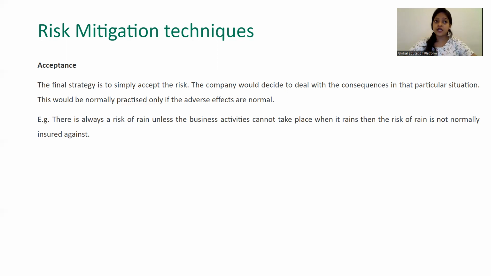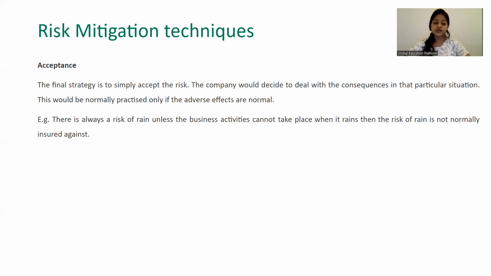Once you have addressed the different types of risks, then it's about risk management or mitigation. To explain further, you need to show academic writing in terms of the risk mitigation techniques or strategies. So you can address these elements and then further elaborate.